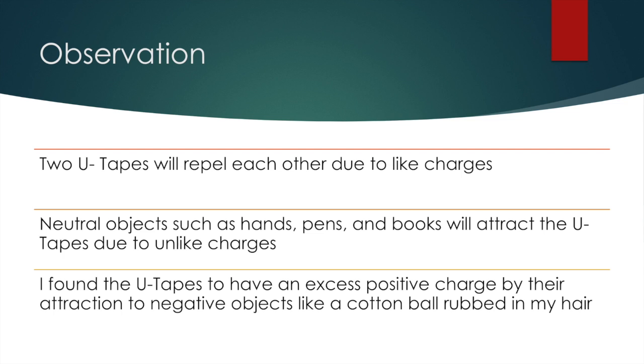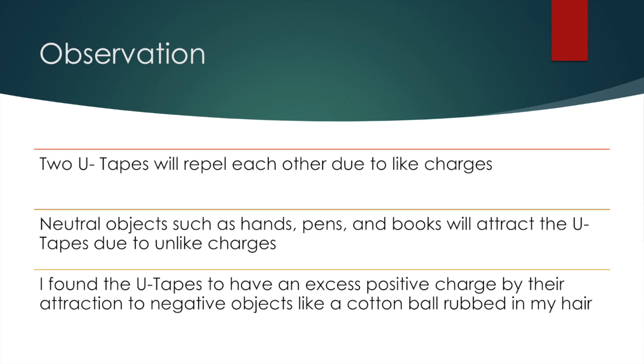Newton's third law is that every force has an equal and opposite reaction. Initial observations that I found were that two U-tapes will repel each other due to like charges. This makes sense because they came from the same source. Neutral objects such as hands, pens, and books will attract U-tapes. This also makes sense because they did not come from the same source. It's a commonly known fact that a cotton ball rubbed in hair becomes negatively charged.